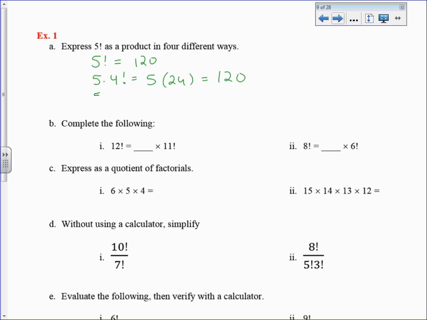Or I can do 5 times 4 times 3 factorial, which is 20 times 6, which is 120. Or 5 times 4 times 3 times 2 factorial. So 5 times 4 is 20, times 3 is 60, so that's 60 times 2, or 120.